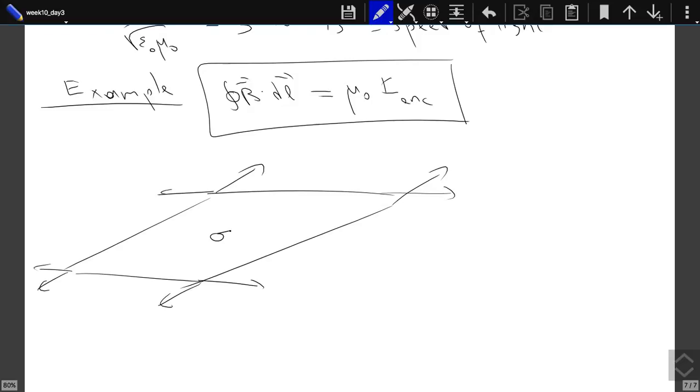Let's say it is in the xy plane, with axes X, Y, and Z. And let's just assume that it is moving with a velocity v in the y direction.